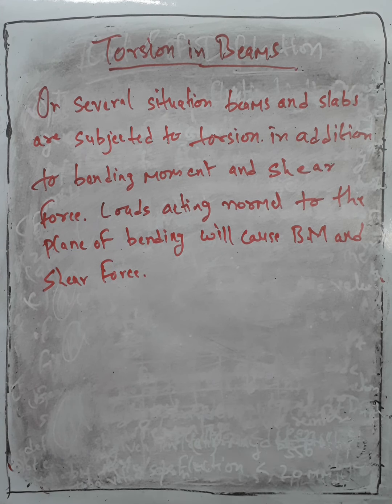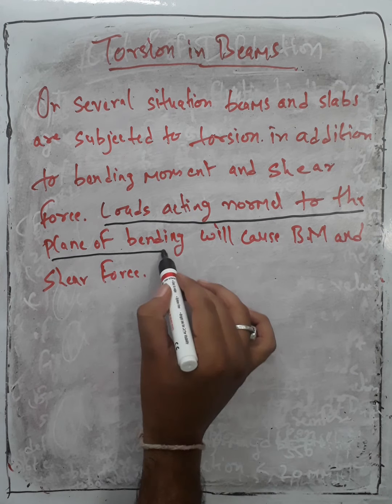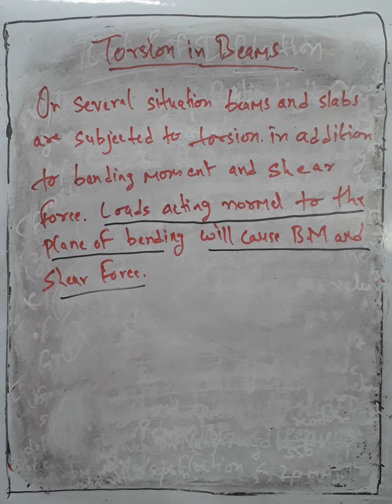This line you have to remember. Means if we apply load normal to the plane of bending, then only shear force and bending moment come. But if you apply loads away from the plane of bending, then torsion moment is also coming.